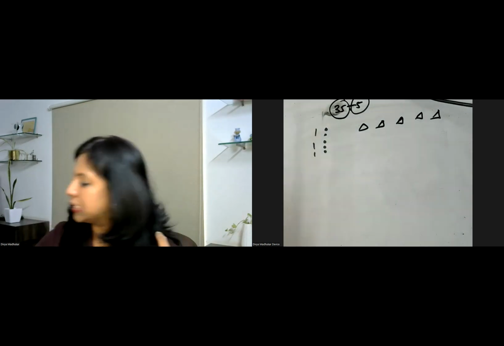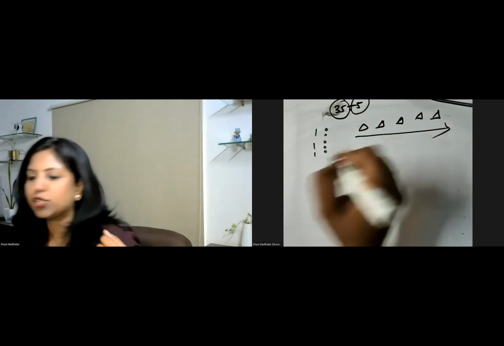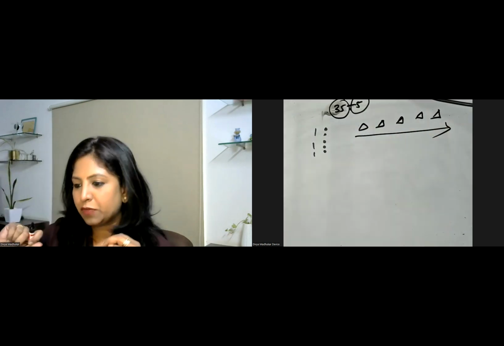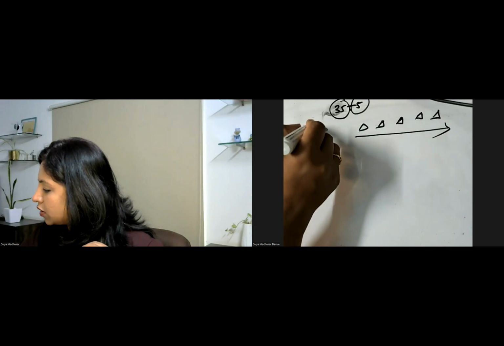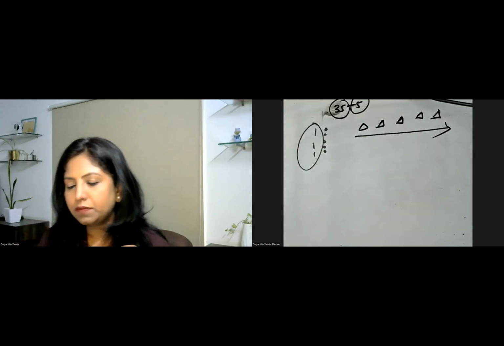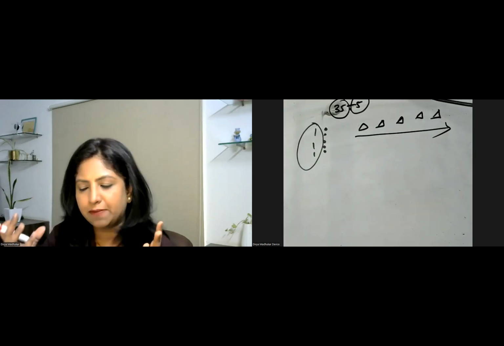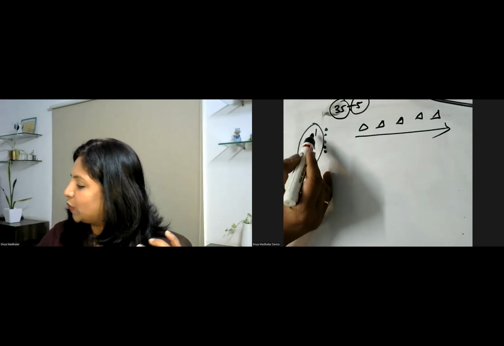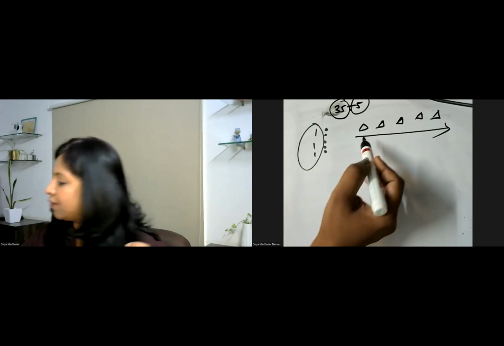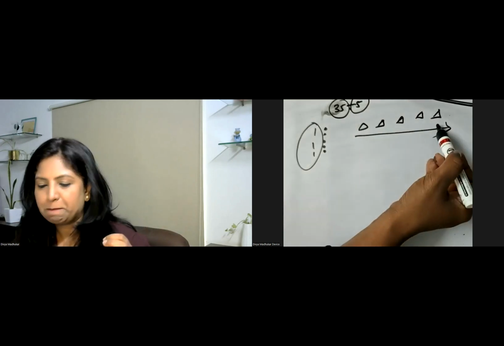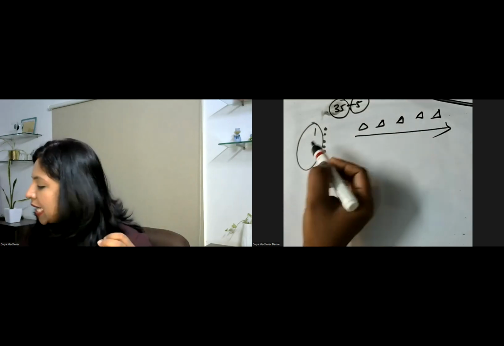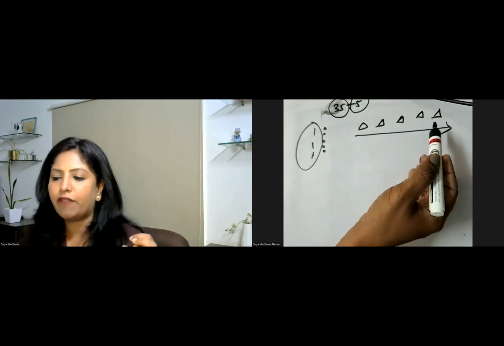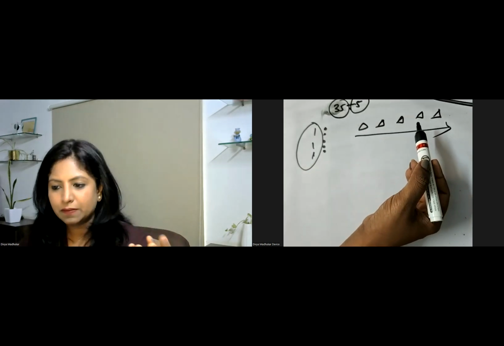Distribution means you need to arrange it horizontally, and you always take the highest quantity. But see here, we have only 3 tens, and how many do I have to divide with? 5. So since I have 3, I cannot divide it among 5. So what do I replace it with?